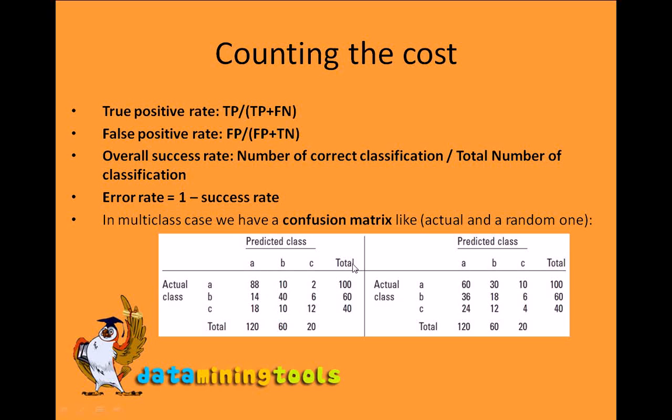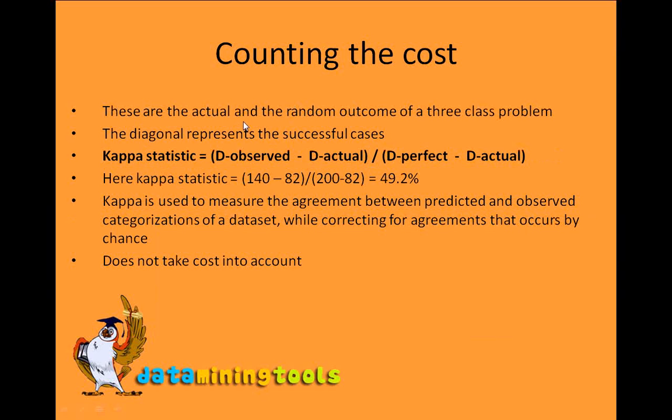Now the left part is an actual machine learning algorithm's output, and this right part is basically a random output. The diagonal represents the successful cases. In the diagonal we have predicted class equal to actual class.